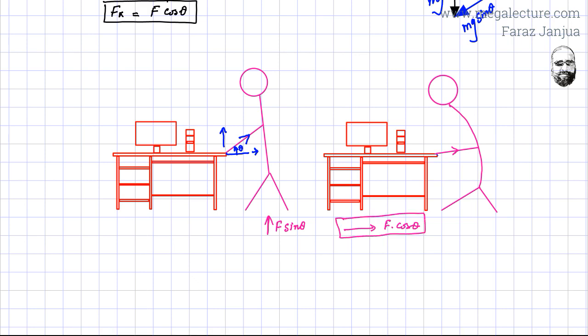And from 0 degree to 90 degree, at 0 degree, sine 0 is 0 and sine 90 is 1. So from 0 degree to 90 degree, the value of sine increases from 0 to 1. The maximum value of sine is 1. It is opposite for cos. Cos 0 is 1 and cos 90 is 0.